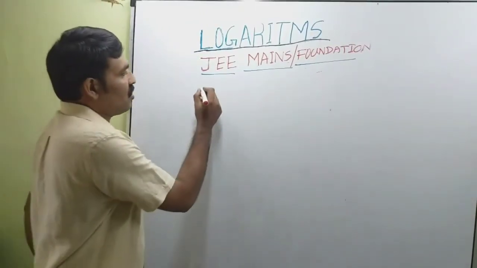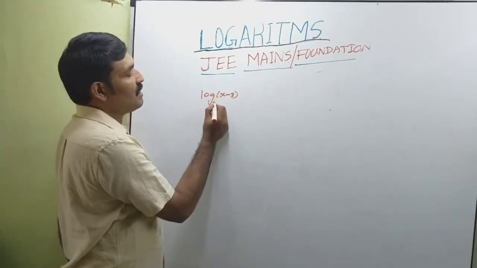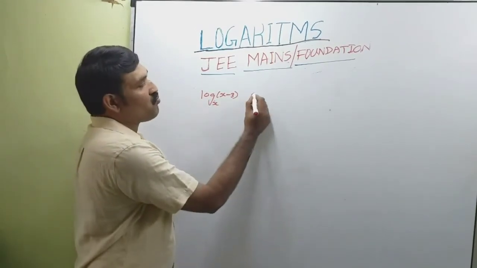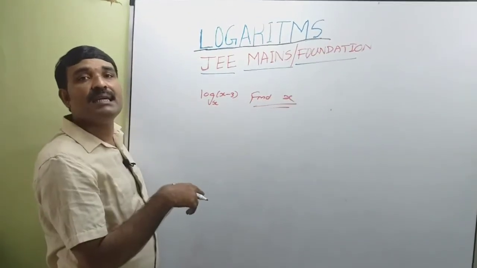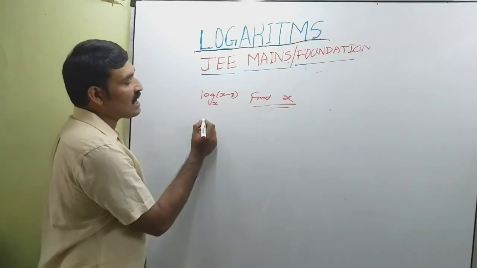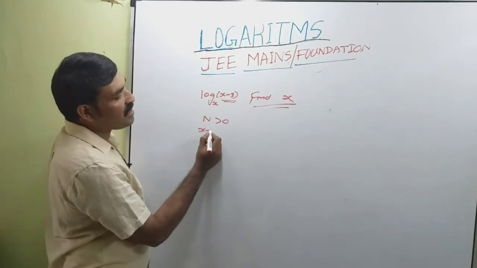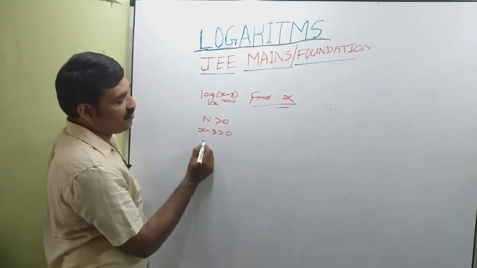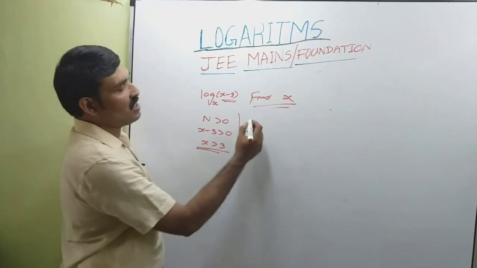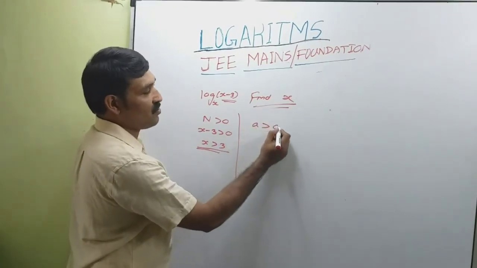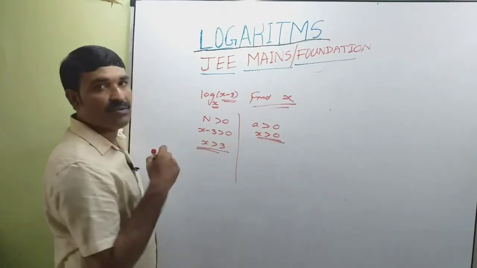Log of x minus 3 to the base x. Find x for which this function is defined. Our first condition is that the number is greater than 0. That means x minus 3 is greater than 0, or x is greater than 3. The second condition is that the base is greater than 0. The base is x, so x is greater than 0.